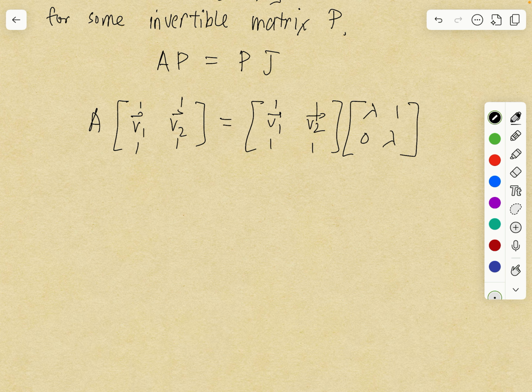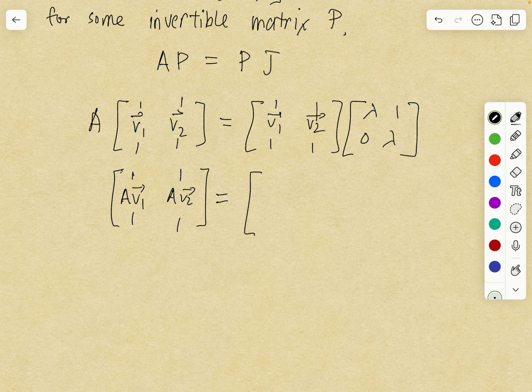Remember that when you have a matrix times another matrix, so A times this matrix whose columns are V1 and V2, you multiply column by column. So the first column is A times V1, and the second column is A times V2.